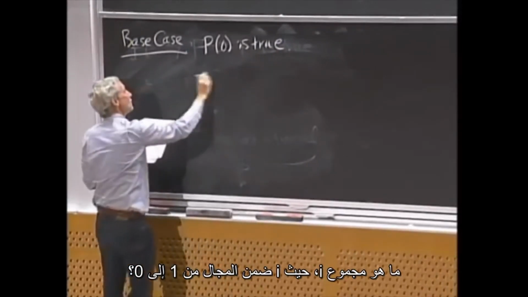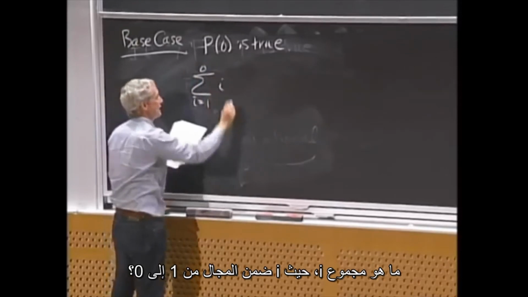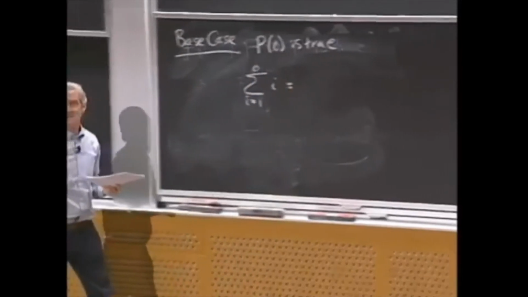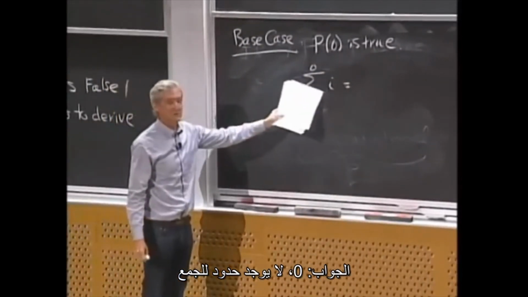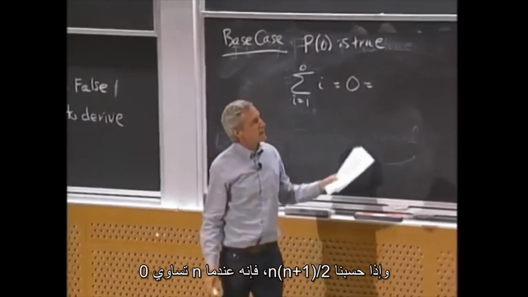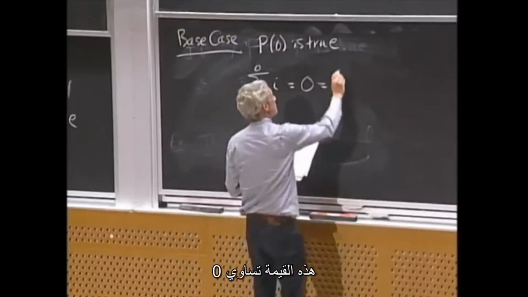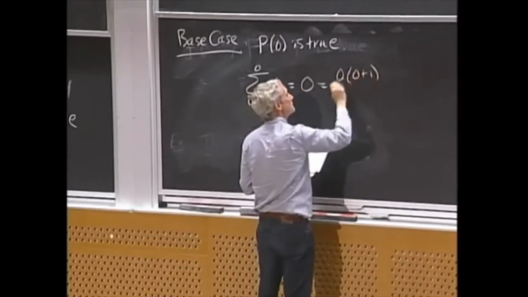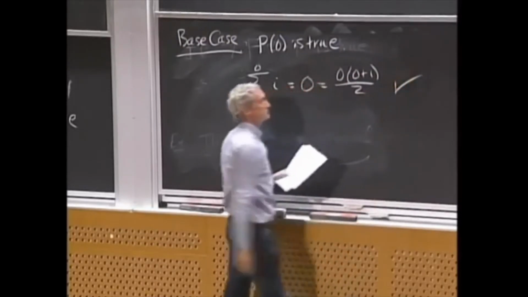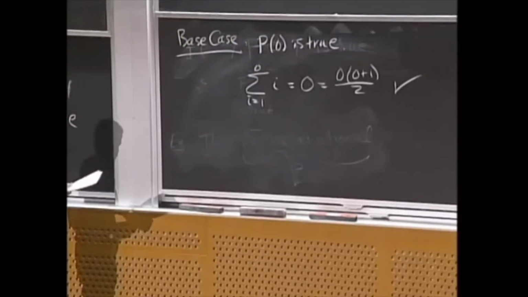Well, what's the sum from i equals 1 to 0 of i? 0. There are no terms in this sum. And if I look over there, n times (n plus 1) over 2, if n is 0, it equals 0. So we're done with the base case. We've now proved that P0 is true.